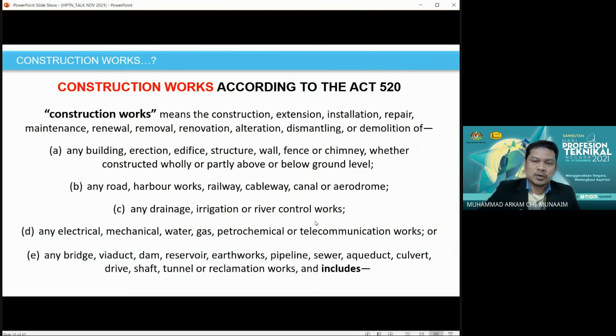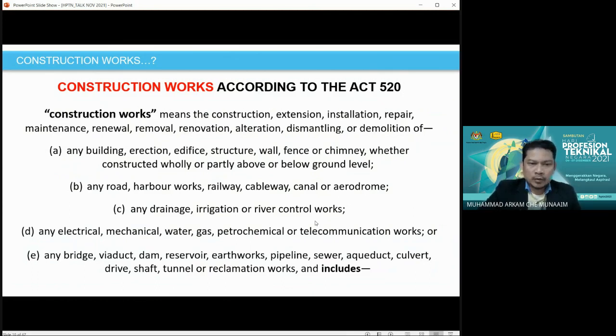So demolition is also considered a construction work according to the Act, of any building, any erection, any edifice, any structure, any wall, fence, chimney, whether constructed wholly or partly above or below ground level. So whatever we construct fully or partly below or above ground level, we consider as a construction work.